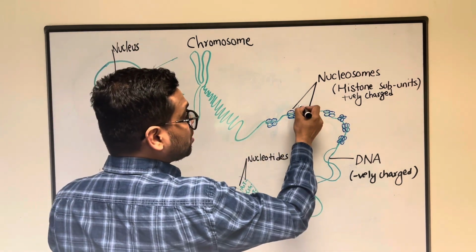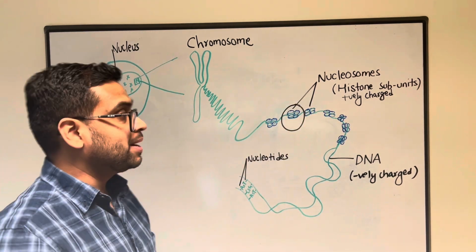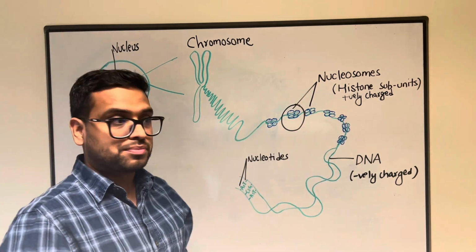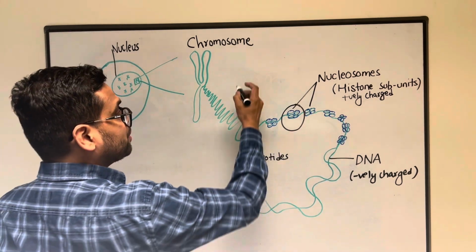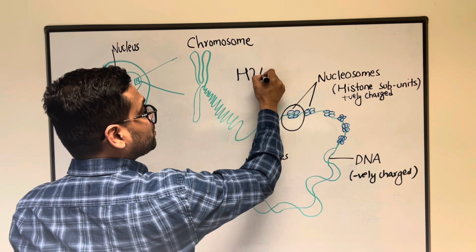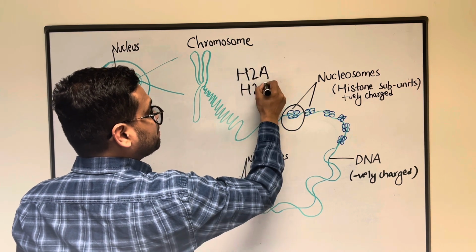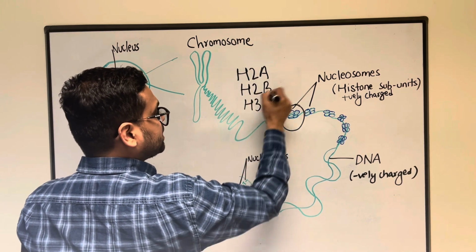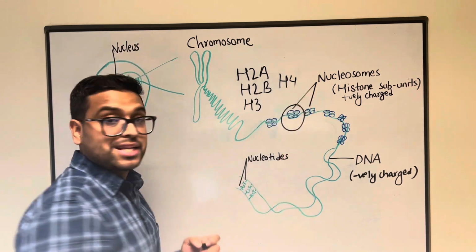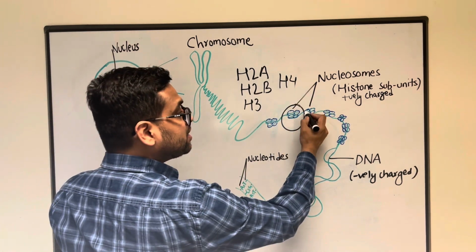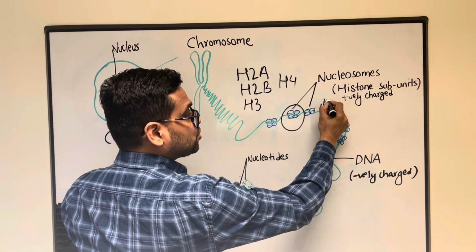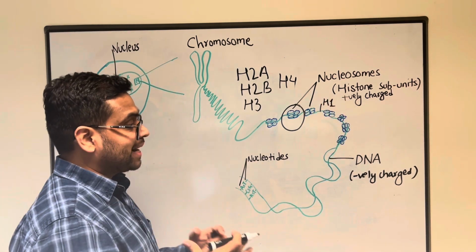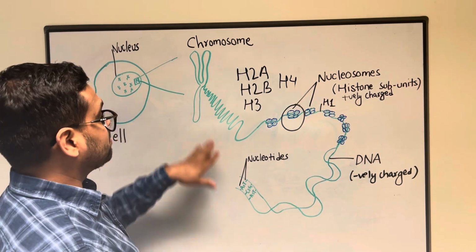This structure is called a nucleosome. There are 4 pairs of histone subunits: H2A, H2B, H3, and H4. And also there is a linker histone which is called H1. This is how compact DNA forms the chromosome.